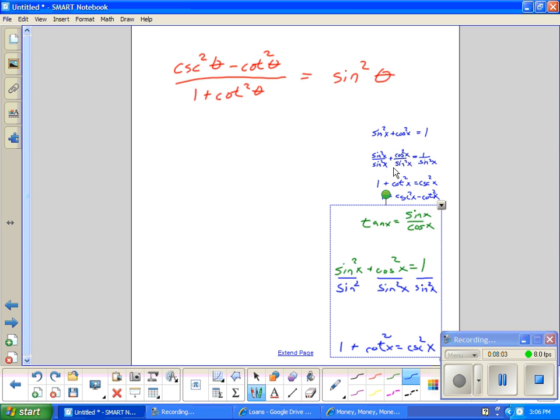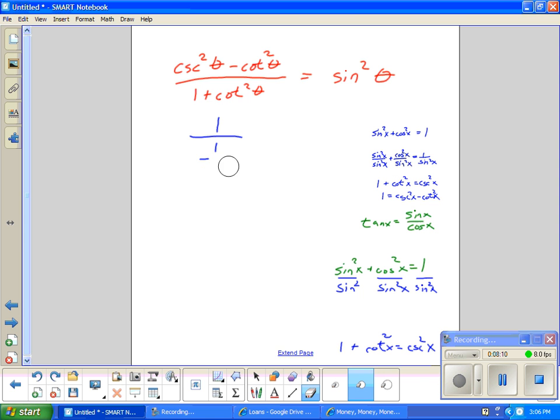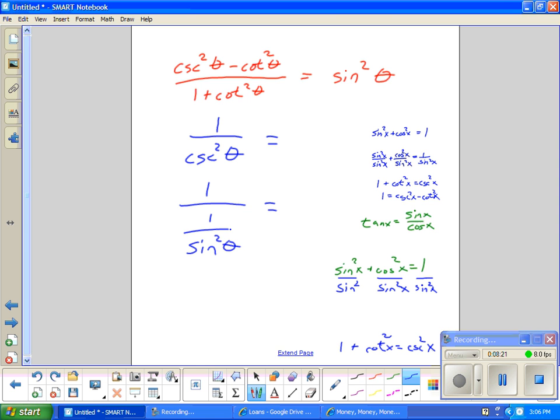So I can reduce the left side to 1 over cosecant squared theta, which I can rewrite as 1 over sine squared theta. We know 1 over is going to be sine squared theta, which is equivalent to sine squared theta. And we have verified the trig identity.